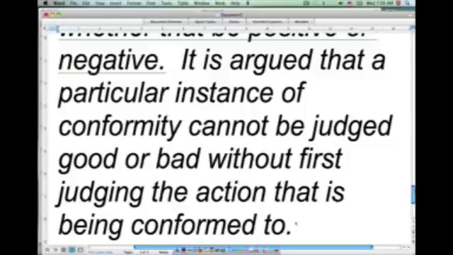Now we would have to think about two examples of conformity, and if we're going to agree and disagree, then our supporting paragraphs, one would agree and give an example of something positive that comes from conformity, and the second would be perhaps a situation where something negative came from conforming individuals.